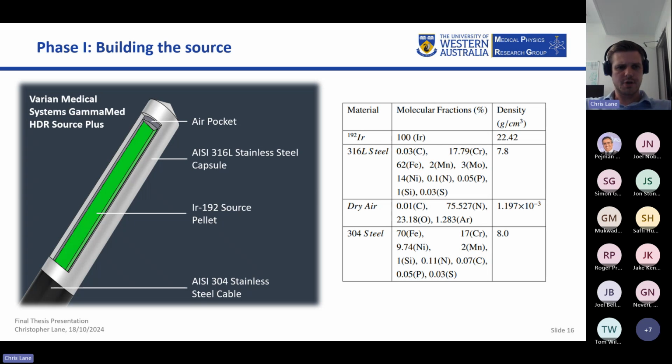So to build the source, I needed to construct the source itself in TOPAS. In order to do that, Luke provided me with some consensus data which contained the dimensions of that source. There were two ways I did this. I originally made an STL file of the source dimensions in Autodesk Fusion 360, and I made a nice image of that on the left there.